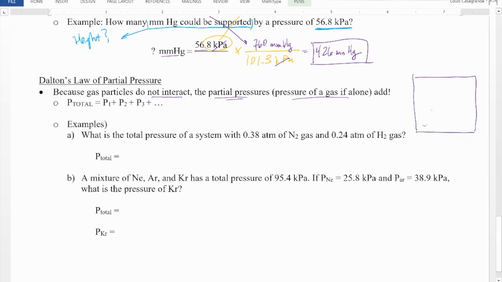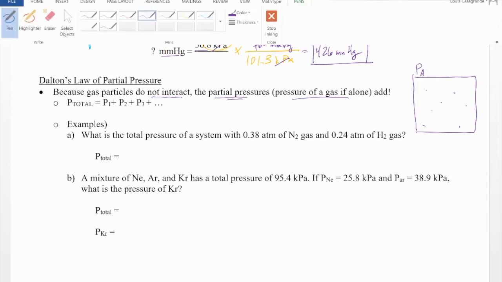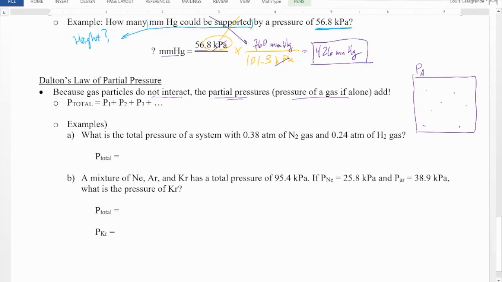Let's draw a whole bunch of particles in a relatively small container. This would be the pressure of gas A, the purple gas, if it was by itself. Let's add some more particles, these orange particles, and notice they're pretty far apart from each other. They're not interacting. This would be gas B if it was by itself.